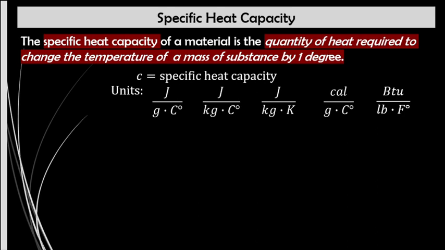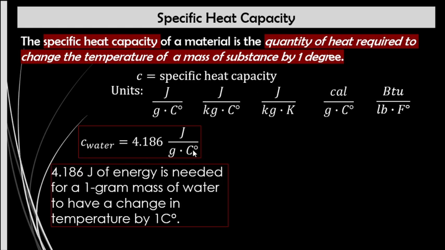To explain more what specific heat capacity is, let's have an example. Water has a specific heat capacity of 4.186 joule per gram times Celsius degree. It means that we need 4.186 joule of energy so that a 1 gram mass of water will change its temperature by 1 Celsius degree.